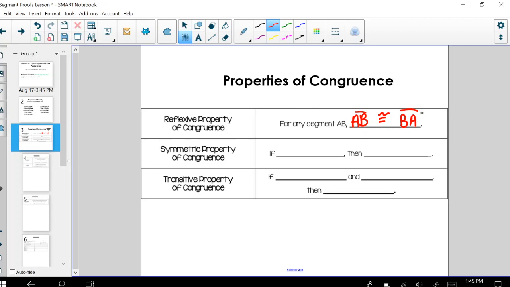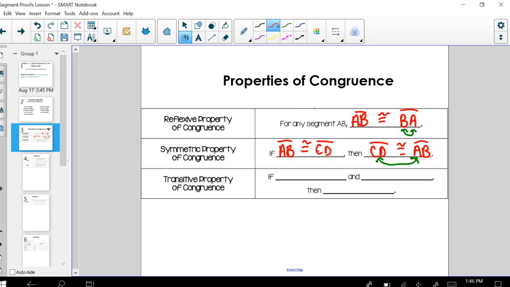Symmetric property of congruence is if segment AB is congruent to segment CD, then segment CD is congruent to segment AB. Okay, so here I just flipped my letters around. Here I flipped the segments around.